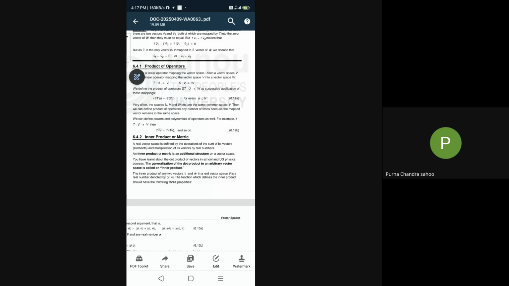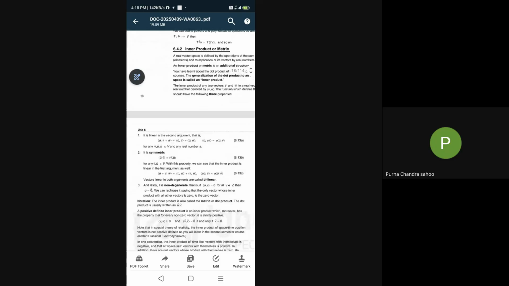Okay, the inner product of any two vectors u and w in a real vector space V is a real number denoted by (u, w), and the function which defines the inner product should have the following three properties. First, it is linear in the second argument, second, it is symmetric, and third, it is non-degenerate. And what is represented by these things is shown in the screen.